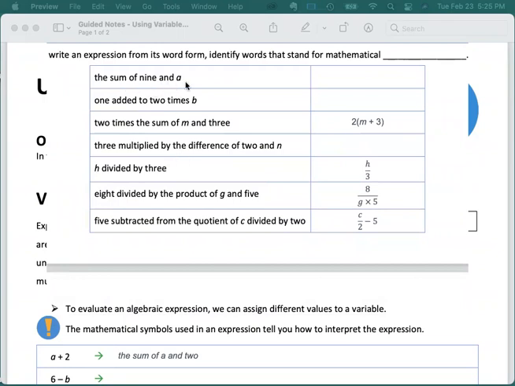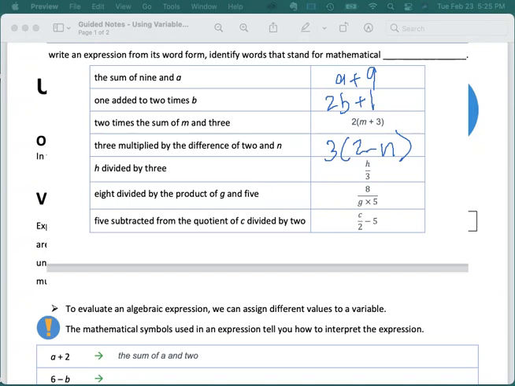So the sum of 9 and a, we could write, oh, I have to get my pen going. The sum of 9 and a, plus 9. 1 added to 2 times b, so 2 times b, 1 added to that, so plus 1. 3 multiplied by the difference of 2 and n, so 2 minus n.